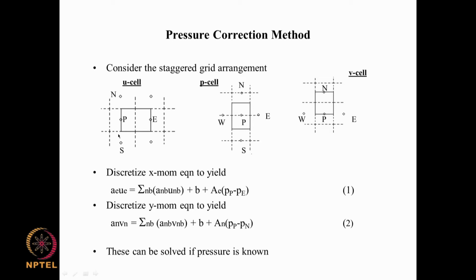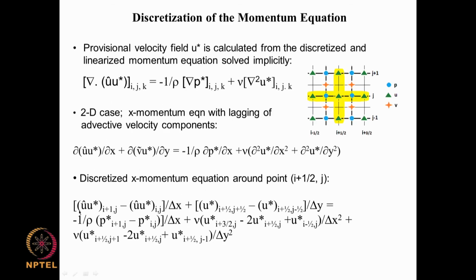The variable is the velocity U component at small e, that is the east face of the pressure cell here. So, this is the variable which is being solved, and it is written in the form of a discretized algebraic equation as per this kind of formula here.